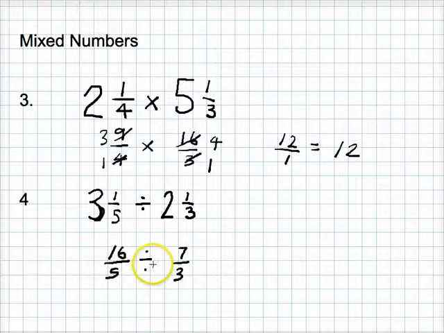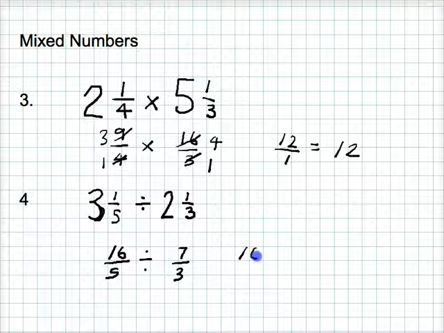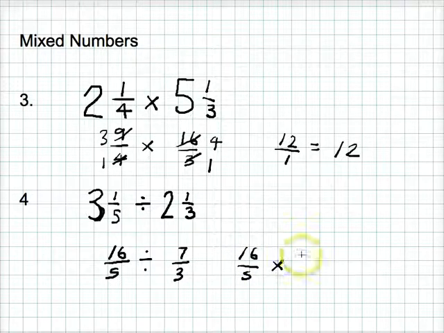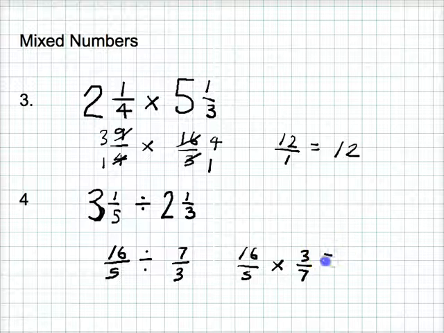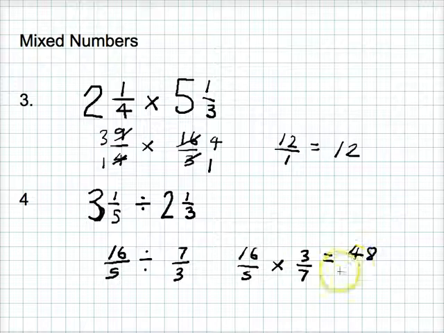We now have to change this divide to a times and invert the second fraction, which gives us 16 over 5 times 3 over 7. Look to see if we can do any cross-cancelling. On this one we can't, so we need to multiply these together. 16 times 3 gives me 48, and 5 times 7 gives me 35.